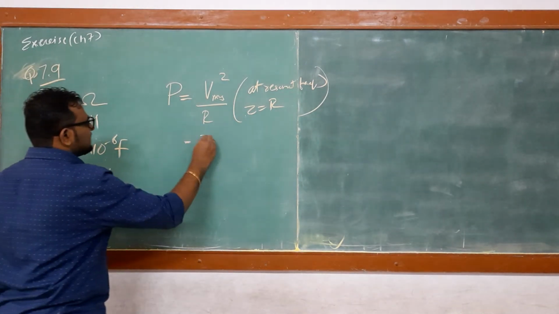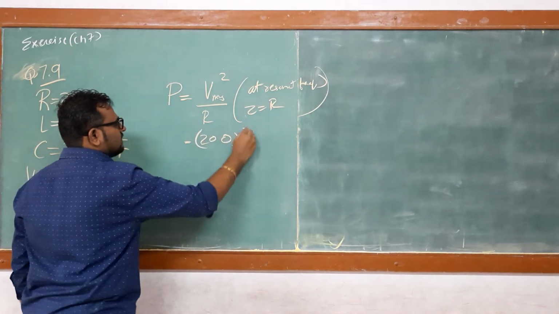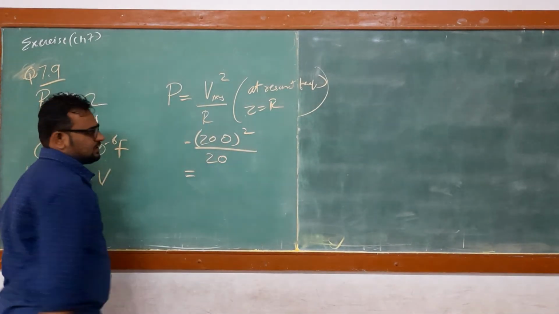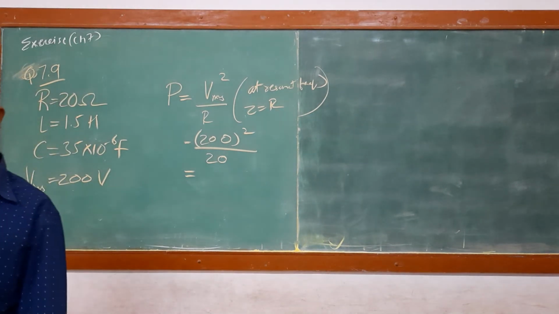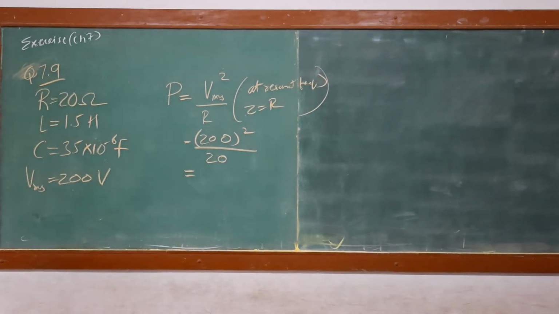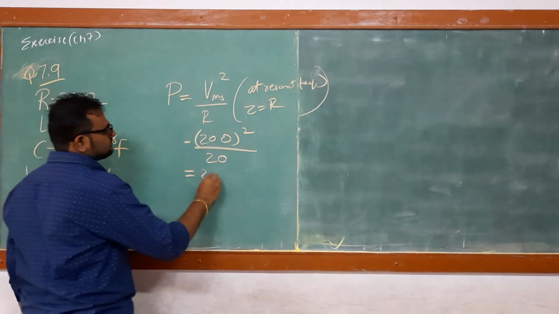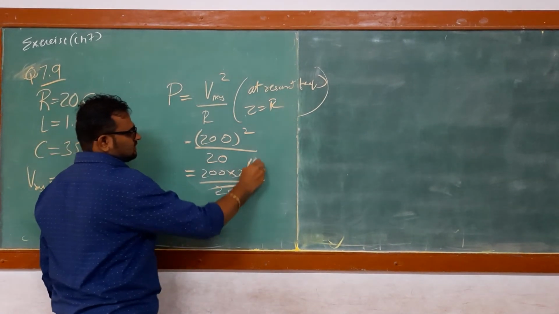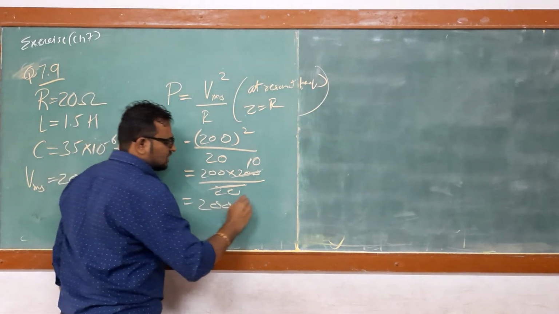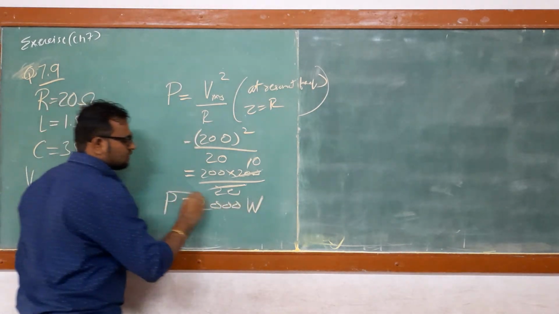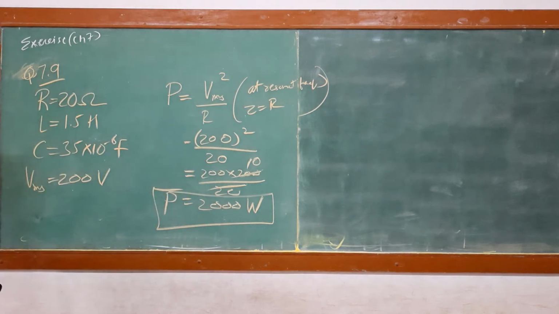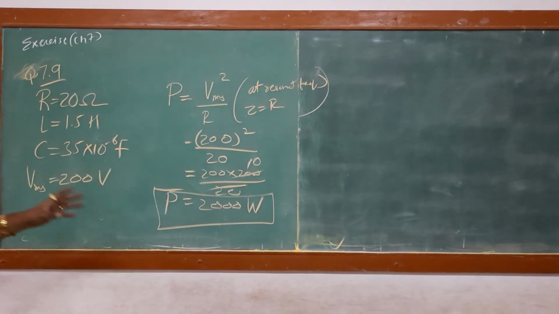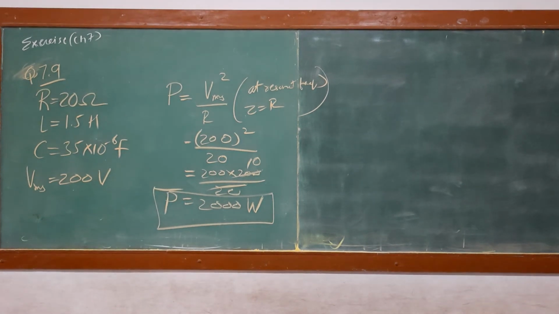So now V RMS is given as 200, squared, and resistance is 20. So it's 200 square upon 20, that will be equal to 2000 watt. So this is the power. Okay, so this was about question 7.9. Note it down.